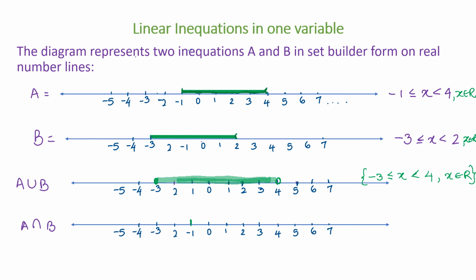And then 2 is a part of A but is not a part of B, and therefore 2 is going to be a hollow circle. And from here to here, this is going to be the shaded part, that is A intersection B, and therefore we write it down in set builder form as -1 is less than or equal to x is less than 2, and x belongs to R.